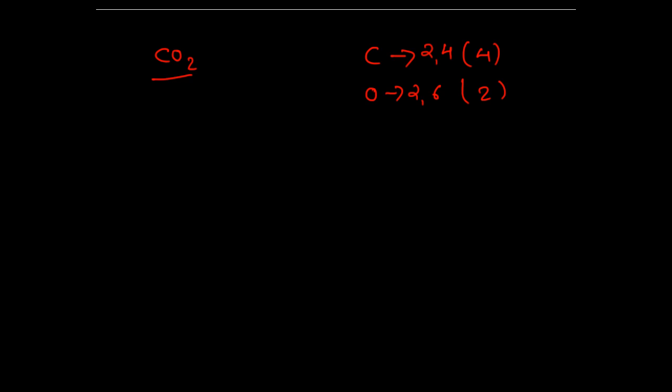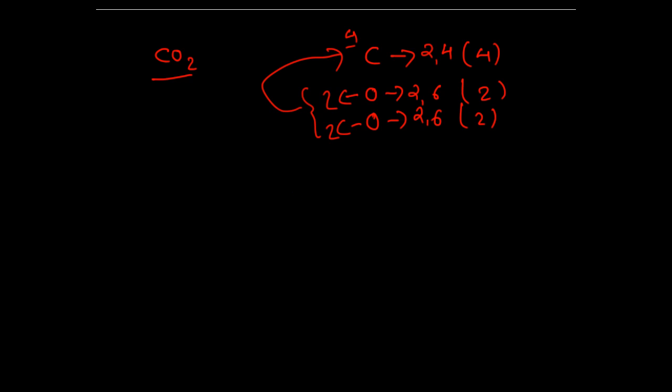So since there are 2 oxygen atoms, each oxygen forms a double bond with the carbon, and the double bond from this side and the double bond from this side combine to give 4 bonds, which completes the octet state for carbon. So now let's study the dot and cross diagram of carbon dioxide.